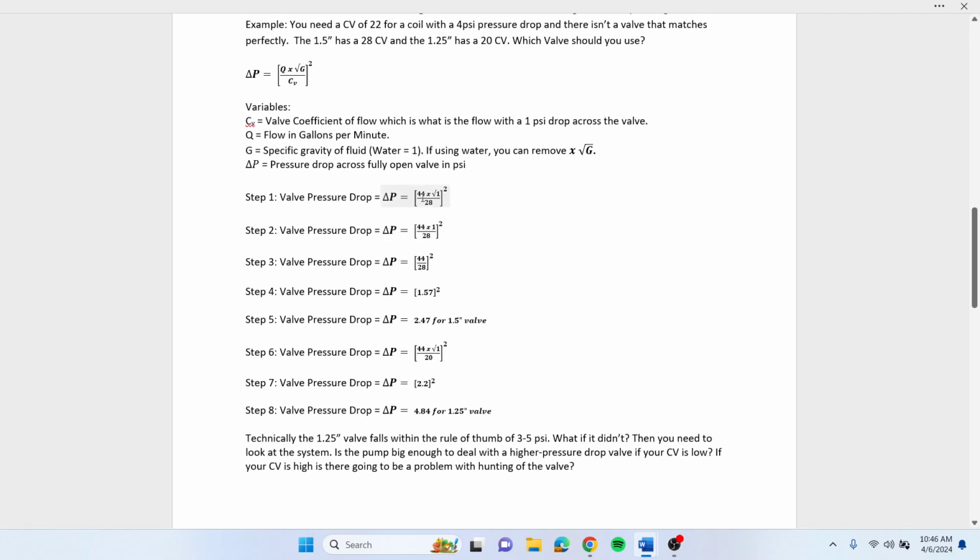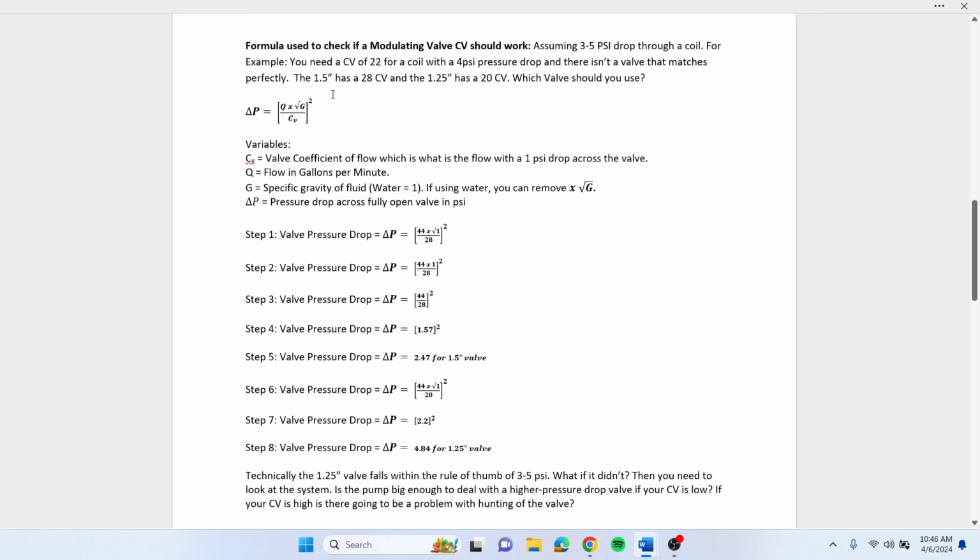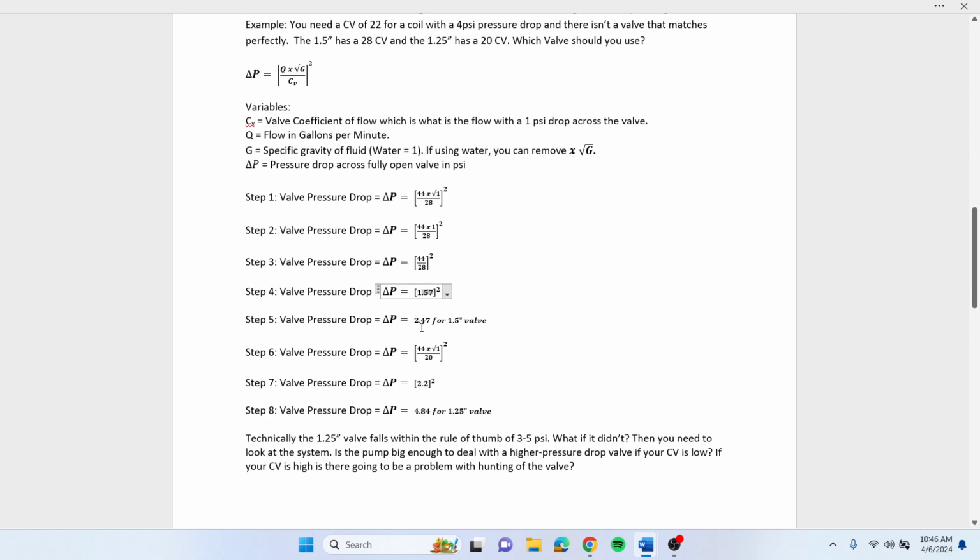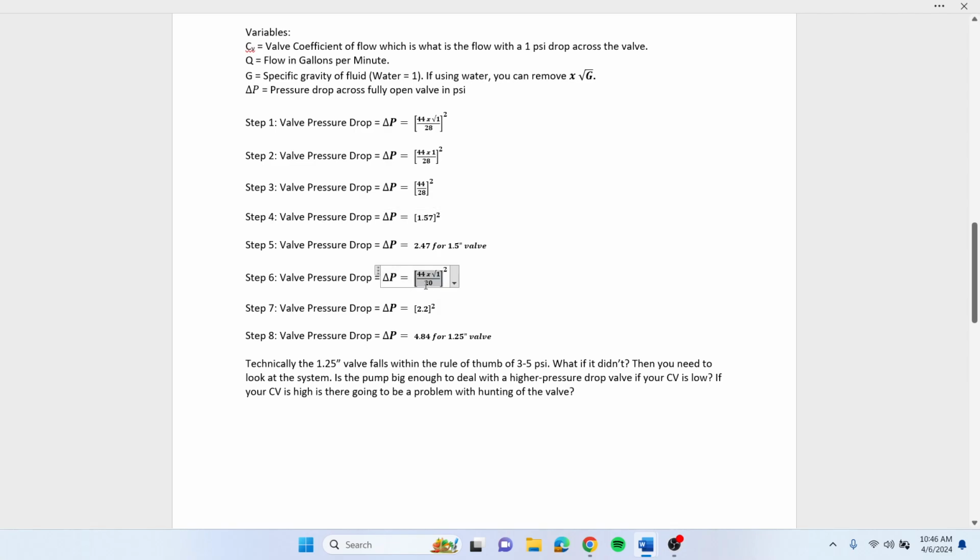In the case of the 1.5-inch valve, you're going to end up with 44 gallons per minute divided by 28 CV, squared. That ends up being 1.57 squared. So 2.47 is our actual differential pressure for the 1.5-inch valve. That falls outside of our 3 to 5 psi range. So let's try the 20 CV.